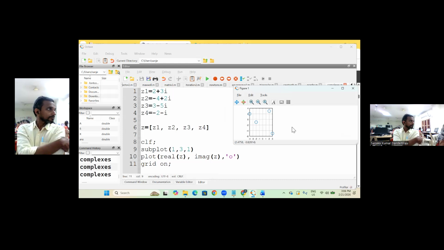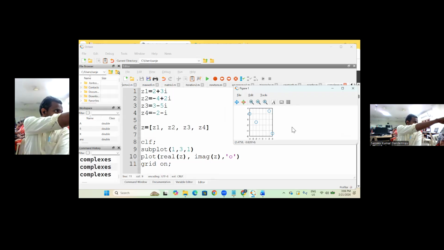Run it. Run the program. Green button. Okay. Check. Minimize problem. Graph is minimized.